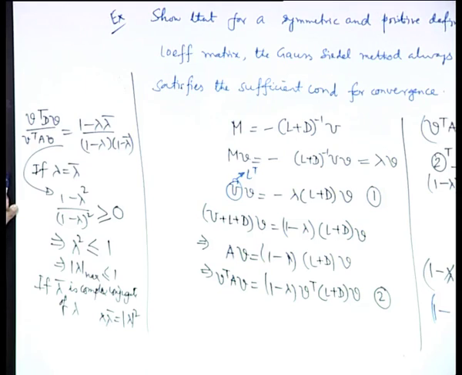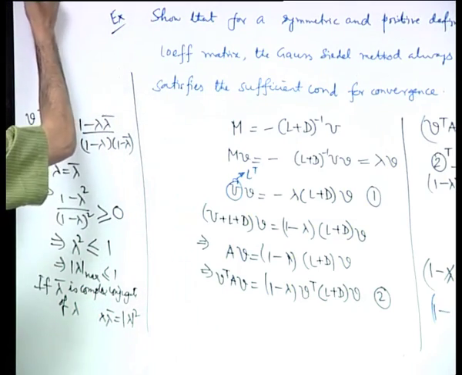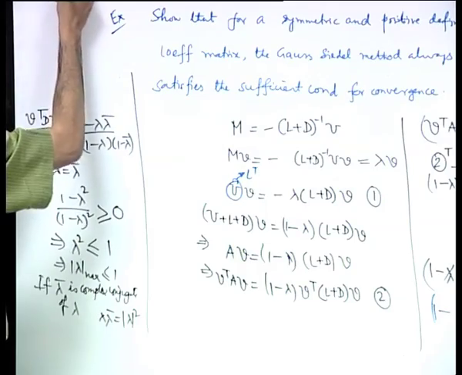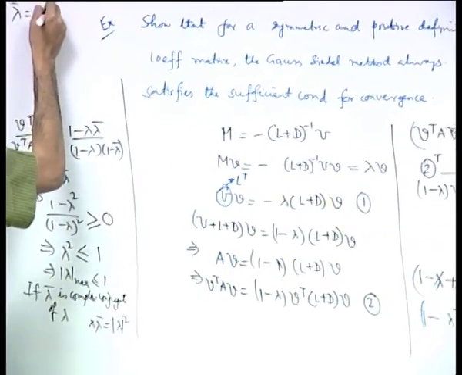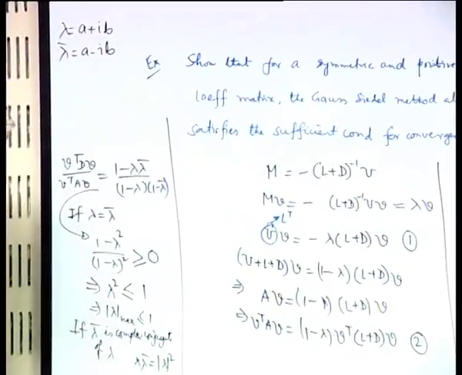If lambda and lambda bar are complex conjugates of each other, then lambda into lambda bar is mod lambda square, and 1 minus lambda into 1 minus lambda bar is positive. For example, let us say lambda is equal to A plus iB, then lambda bar may be A minus iB, complex conjugate.